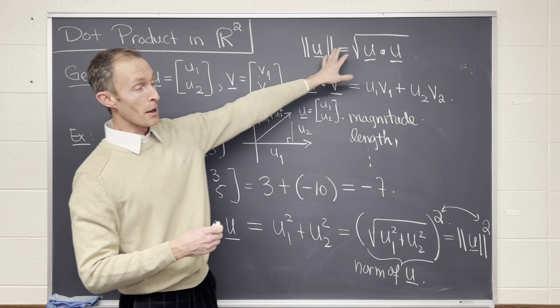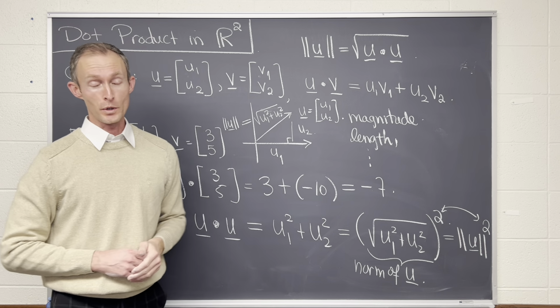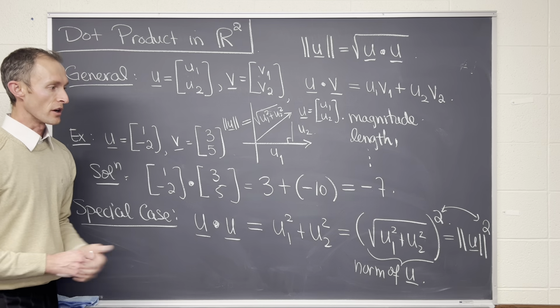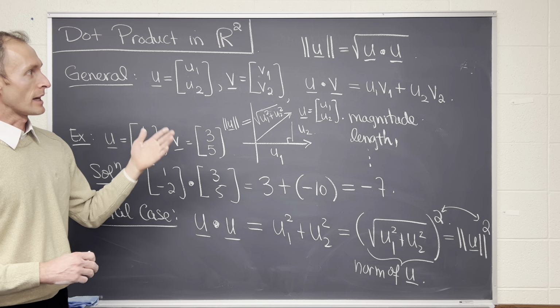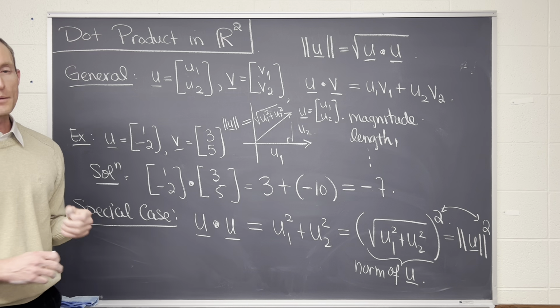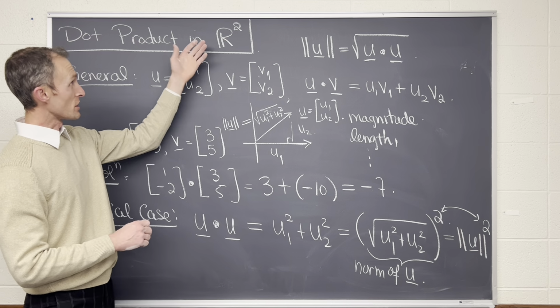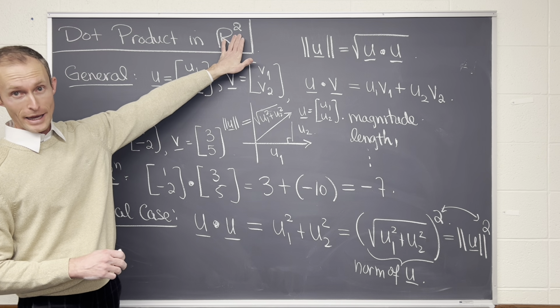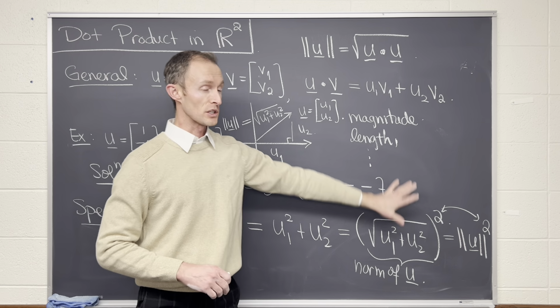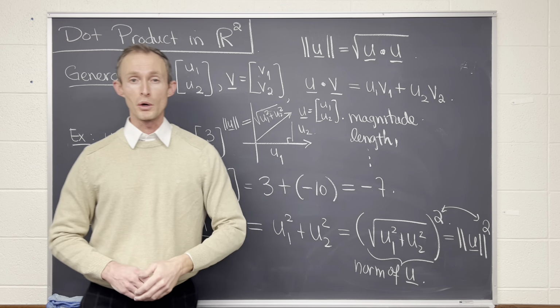It turns out that dot products are intimately connected with that. So this is just the start of that entire journey. Hopefully this helps you understand what dot products are in R2. Again, this generalizes to any Rn whatsoever. All of these definitions are the same. You just have more and more components.